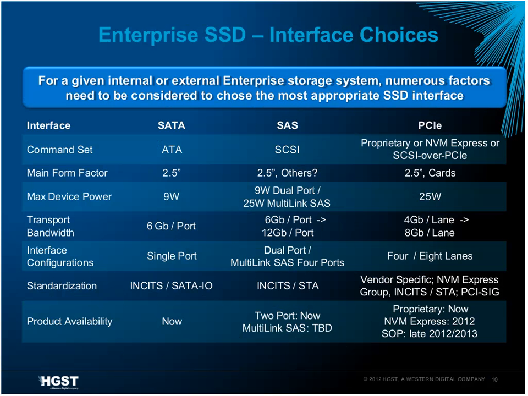For interface configurations, single port for SATA, dual or multi-port for SAS, and PCIe, how many lanes depending on the performance needs. 2 lanes for read-intense applications, 4 or more when you start going for high endurance and high performance. And performance and power, there's a trade-off. The more power, the higher the performance, but it comes with the cost of higher power.